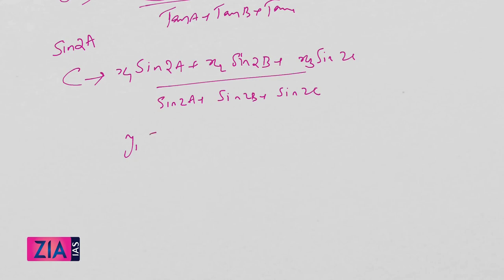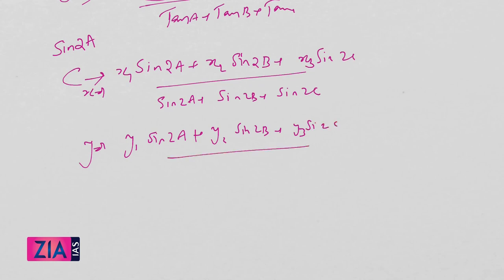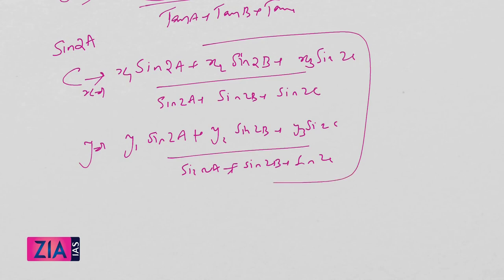Similarly, the y coordinate: y1 sine 2a plus y2 sine 2b plus y3 sine 2c divided by sine 2a plus sine 2b plus sine 2c. So this is your x coordinate and y coordinate, and this is your circumcenter.